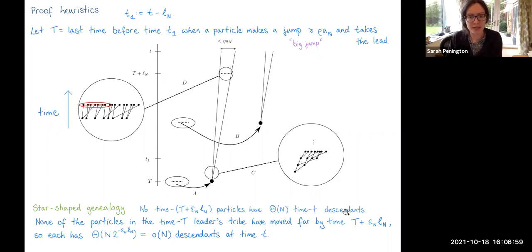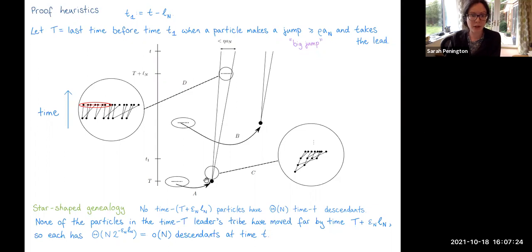So how do we show this? Well, first of all, no particles at this time have order of n time t descendants if they're not in the tribe descended from this particle, because there are only little o of n particles in total at this time that aren't descended from this particle. So we can just think about the particles descended from this particle.